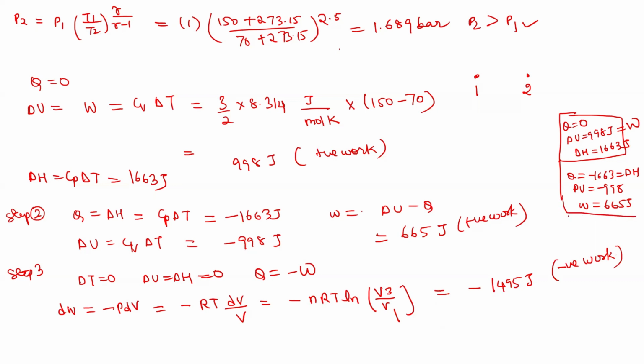So we consider here step 3. Q is equal to 1495, equal to minus W, and delta U is equal to delta H is equal to 0. So coming to the entire process, if we sum up all the 3 processes, we get Q is equal to minus 168 joules and W is 168 joules.